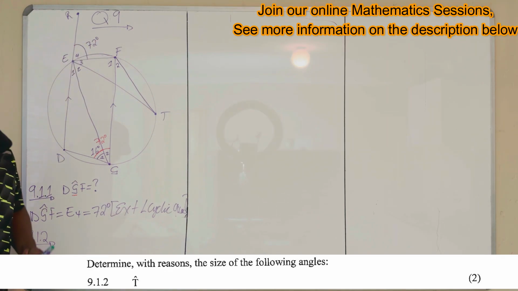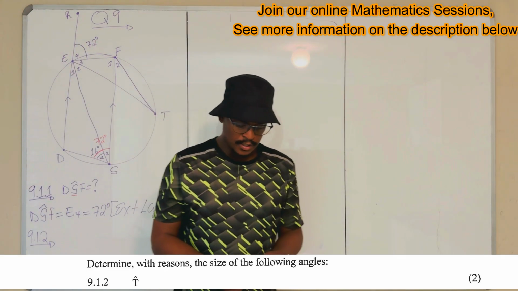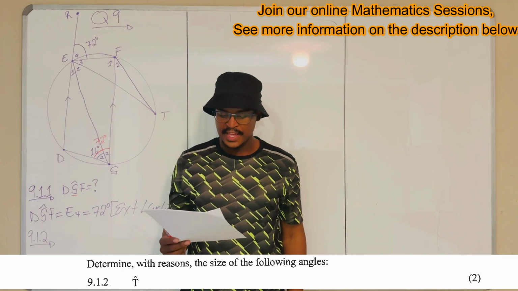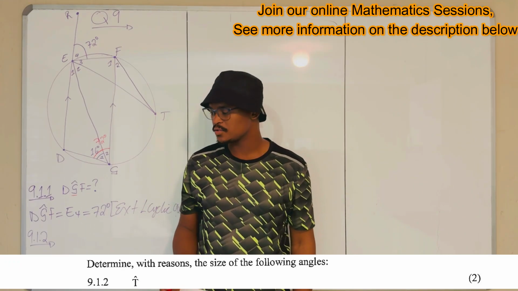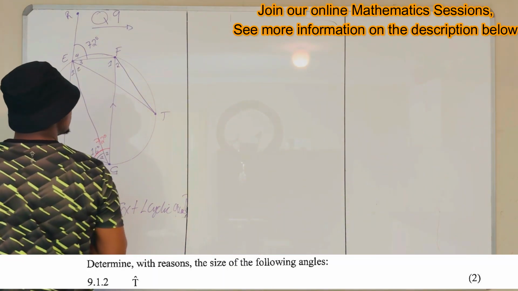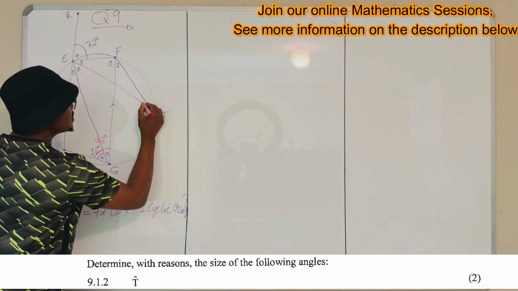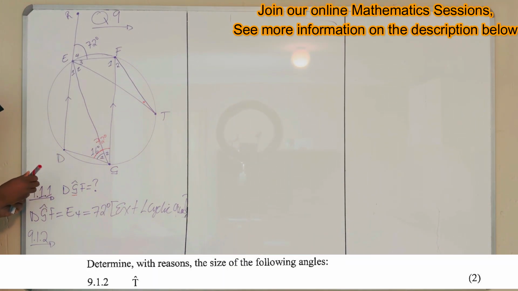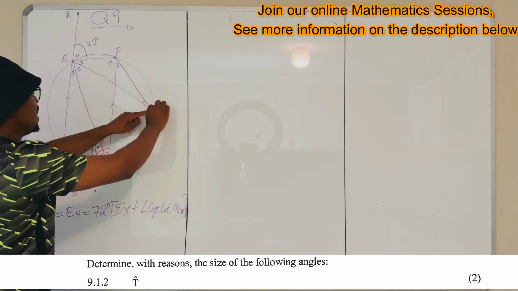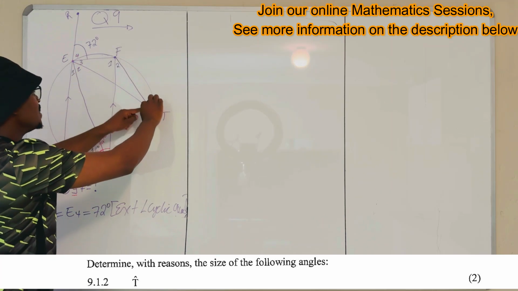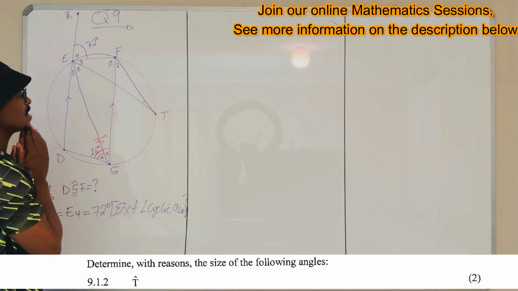Now we move to 9.1.2. They say determine with reasons the size of angle T. So they want us to find the size of angle T. Where is angle T? Angle T is this angle over here. So how do we find this angle over here? If you look at angle T, this angle T is subtended by EF, right?